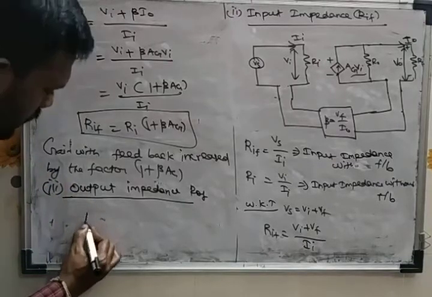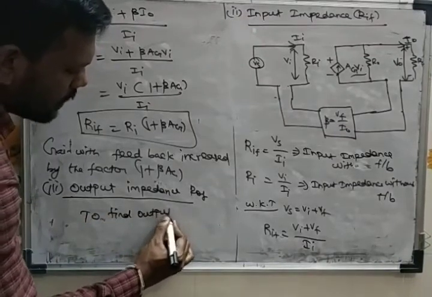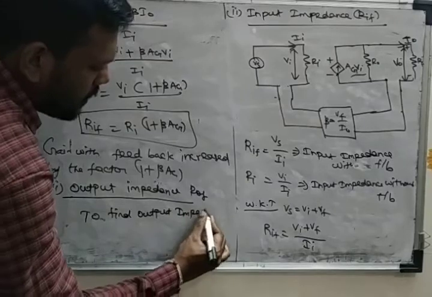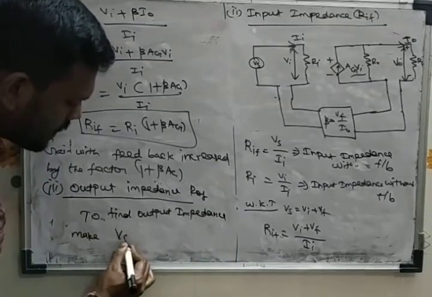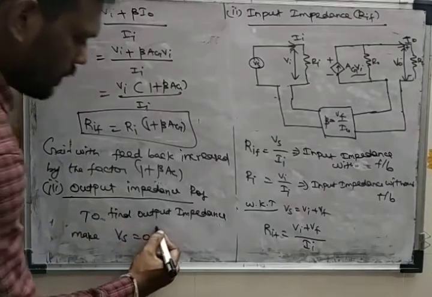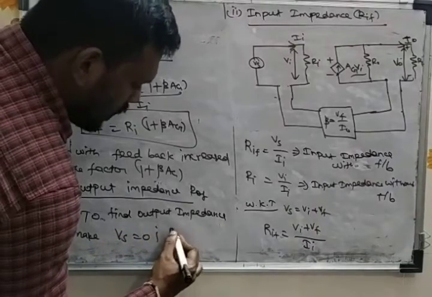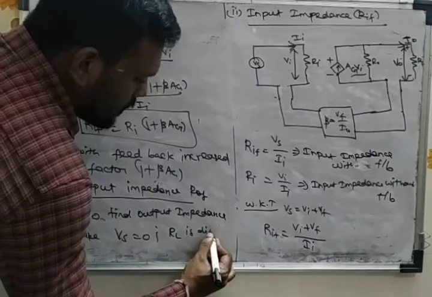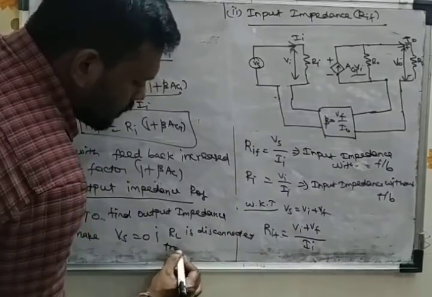So to find output impedance, make Vs 0 and this RL is disconnected from the circuit.